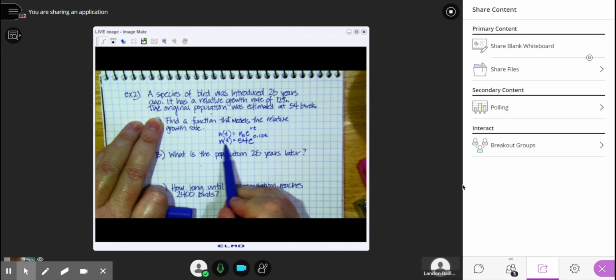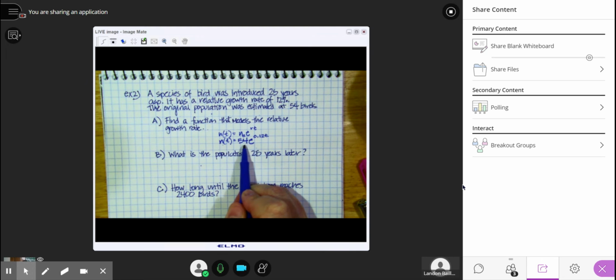So our n of t is 54 times e to the 0.12t.